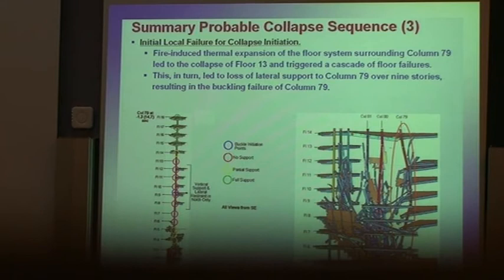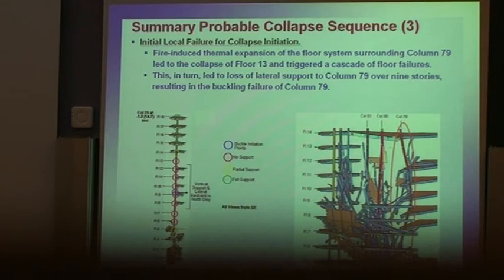So around column 79, some of the connections next to column 79 failed and led to the collapse of the floor in this region. Remember that the floors underneath are also under fire and they are weakened. So that created a cascading failure of these floors below floor 13. Once that happened, column 79 became laterally unsupported.